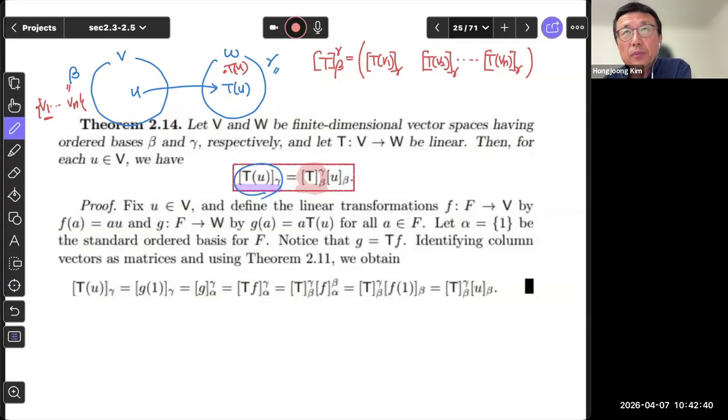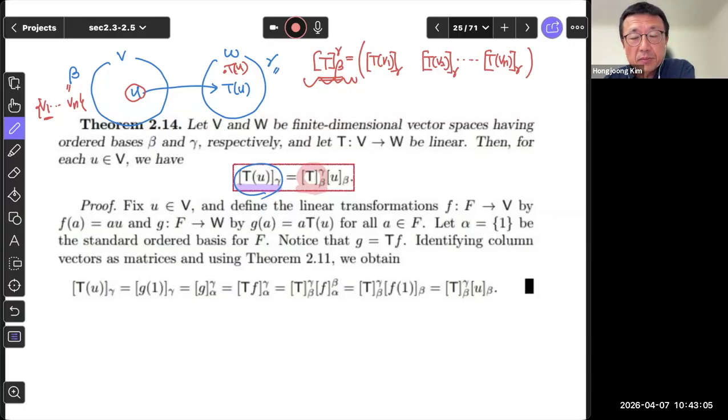Then that will be this matrix. So this matrix is not related with you. This matrix is defined once two bases, one basis for the domain and the other basis for the codomain, are given.